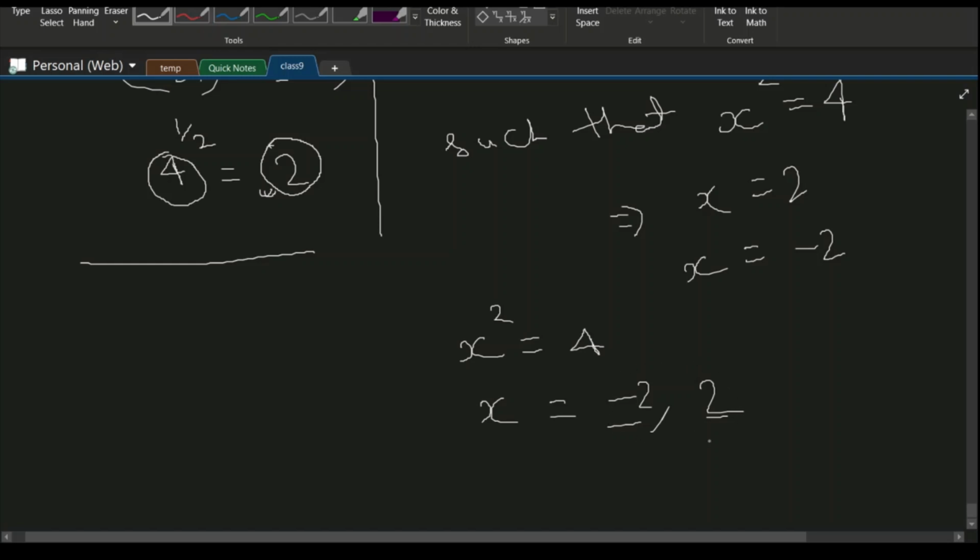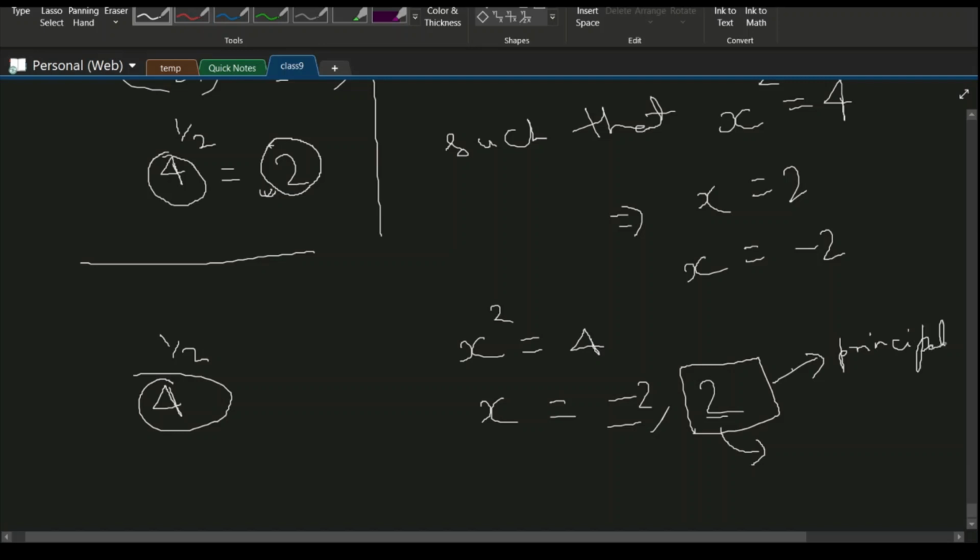Since there are 2 options, the principal nth root of 4 will be that number for which the sign matches with the original base that we have. In the base originally we put 4 to the power half, which was a positive number. So this particular answer will be called the principal root here.